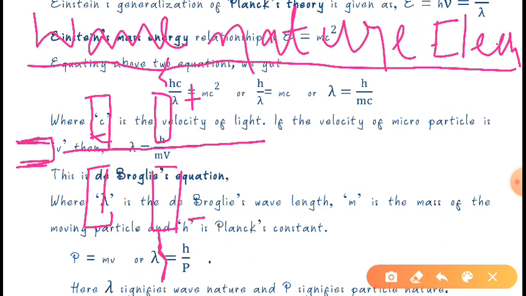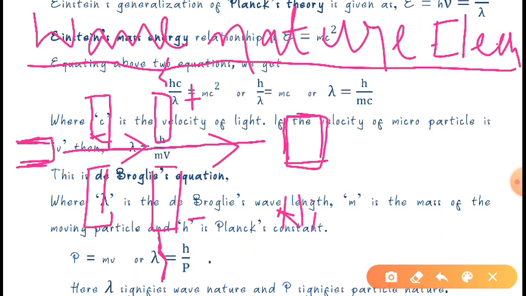This is the beam of accelerated electrons which is produced here. Then they allowed that beam of electrons to fall on the surface of a nickel crystal. They put a nickel crystal here.